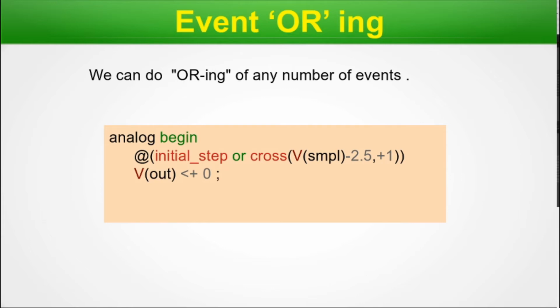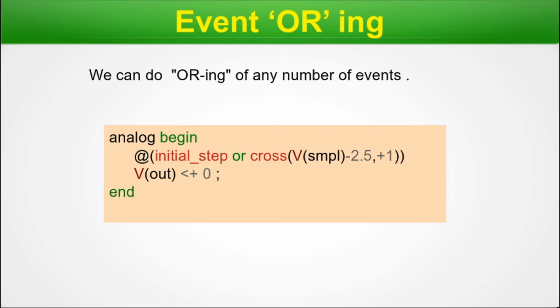So here we write the contribution statement, v out, the 0 is contributed to v out, and then we close our analog block. So guys, here we can see that we can use the two events with an OR statement.